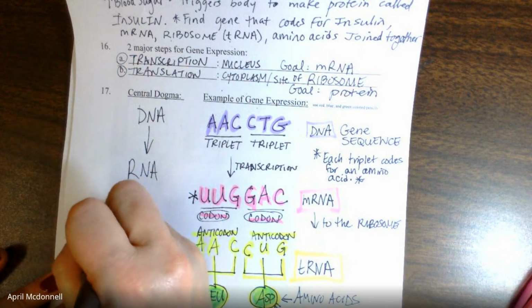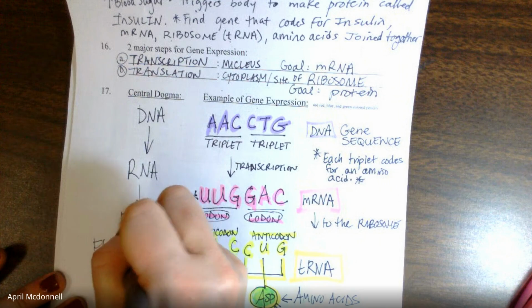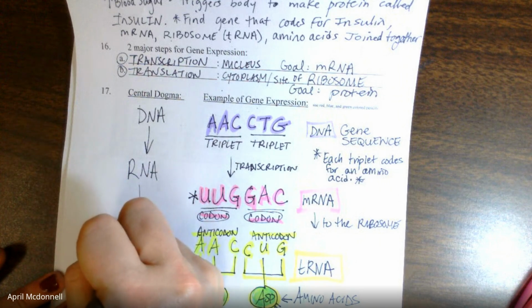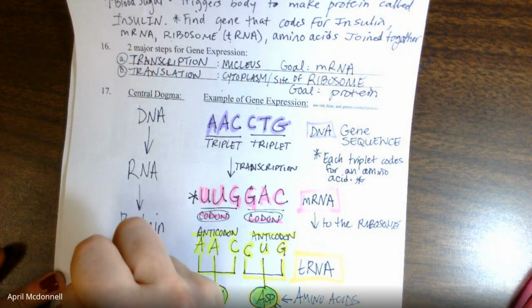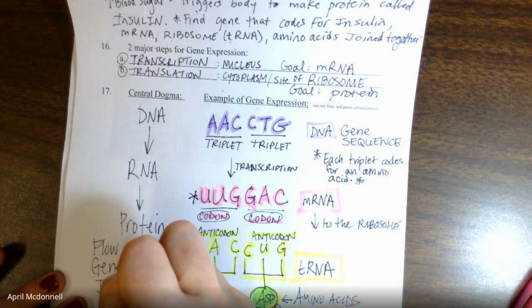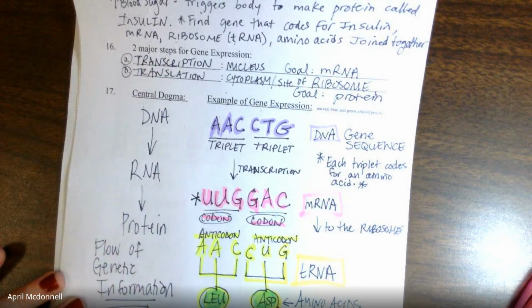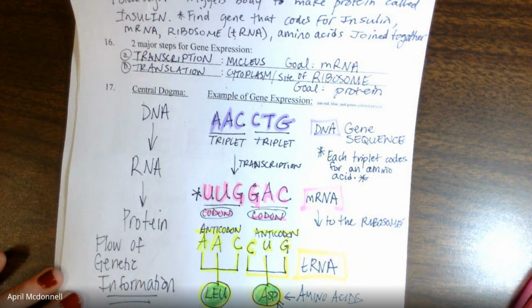This is what we call the flow of genetic information, or the central dogma.